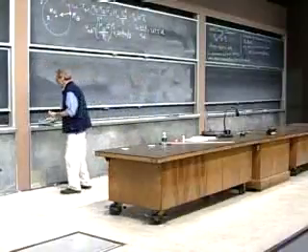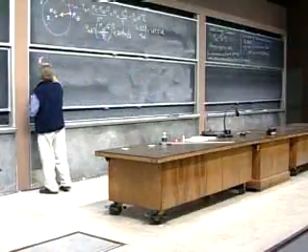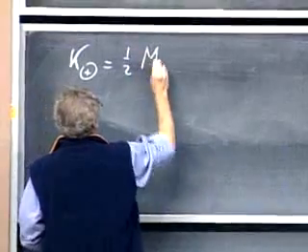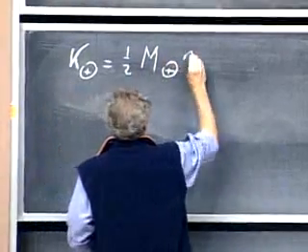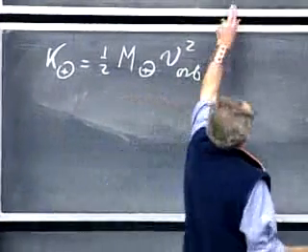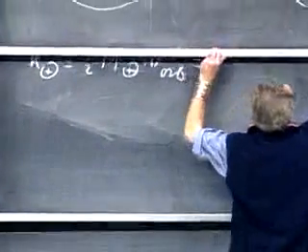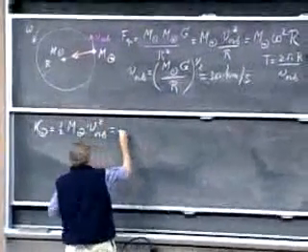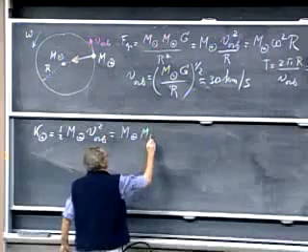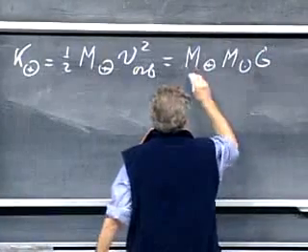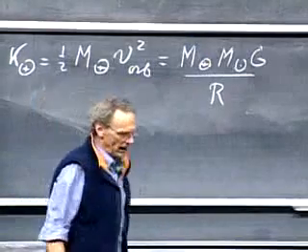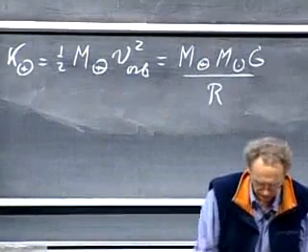So the kinetic energy of the Earth in orbit equals 1/2 mass of the Earth times v orbit squared. So I take this equation and I square it. I lose the half there. And so I get m Earth, m Sun times G divided by R. That is the kinetic energy in orbit.